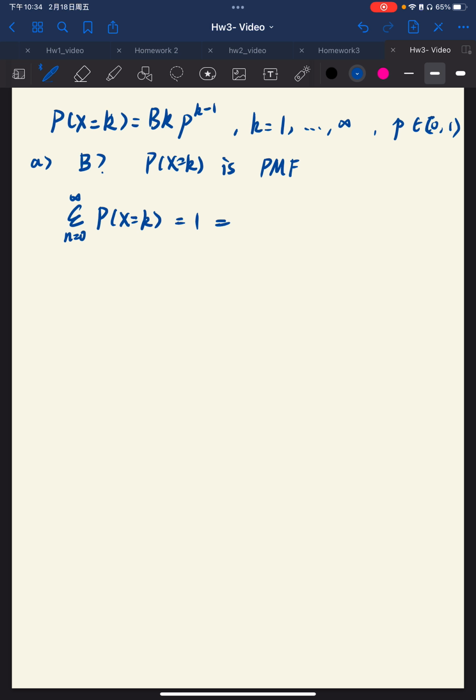That makes the sum equal to the sum from k = 1 to infinity of b k p^(k-1). Since b is a constant, we can put it outside the sum. Now our goal is to find the result of this summation.